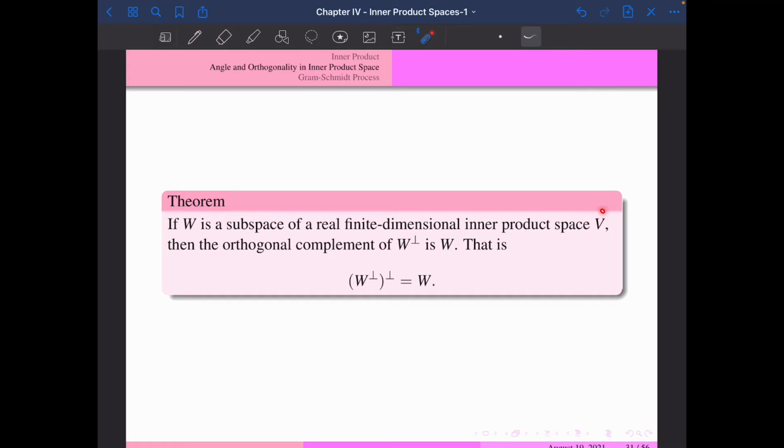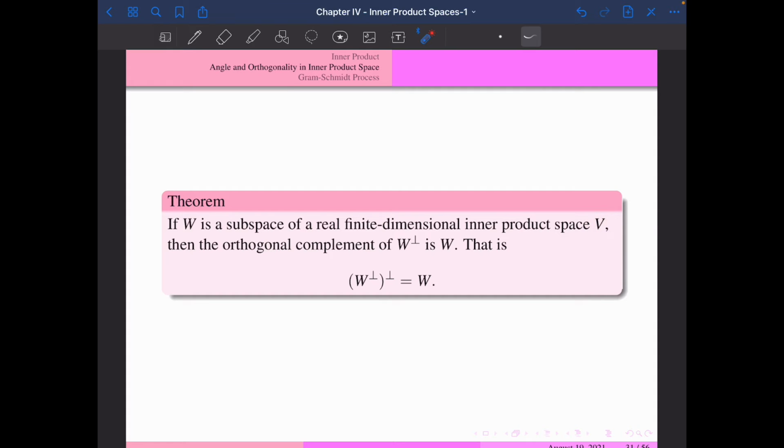If we have a vector space V and V is finite dimensional, what is a finite dimensional vector space? It means that the basis has a finite number of elements.